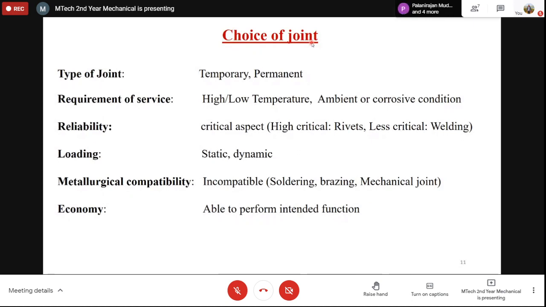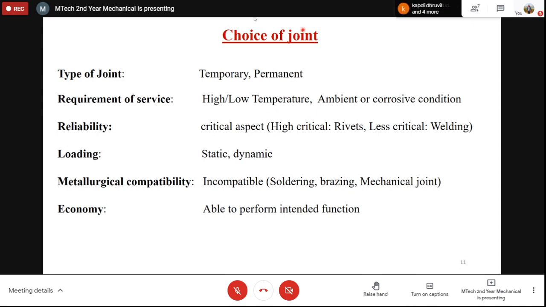How will we choose what type of joint or welding technique we require? It is based on some criteria, like the type of joint, whether we want to make a temporary joint or a permanent joint. Based on this requirement, we will choose the type of joining process we want to have.